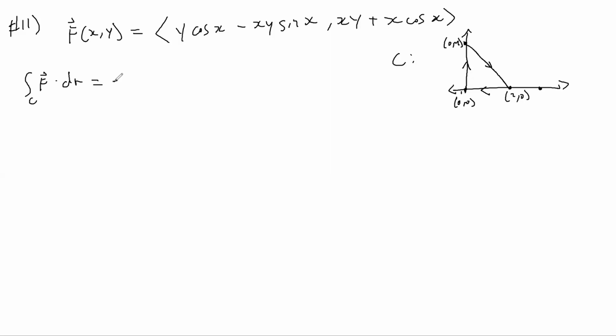So we want to set the negative of the integral over negative C, taking into account the force vector we're given: y cosine x minus xy sine x, multiplied by dx, plus xy plus x cosine x dy, right?